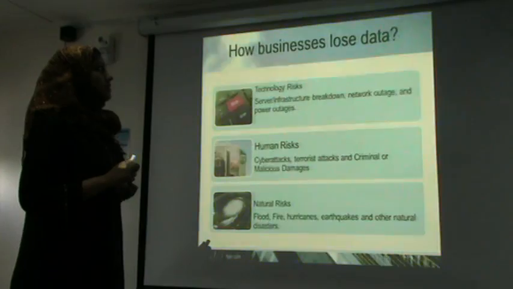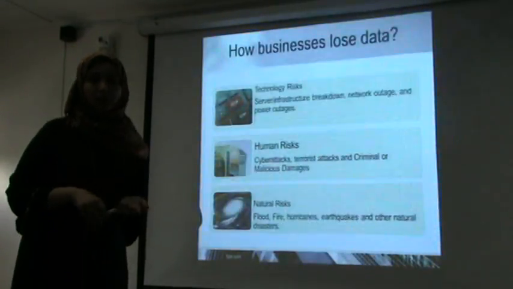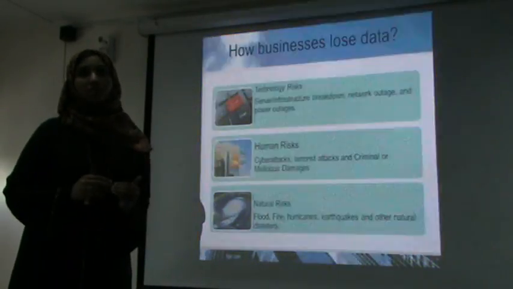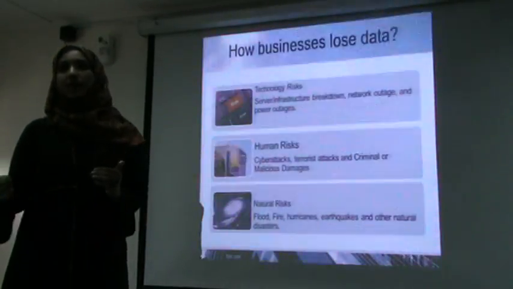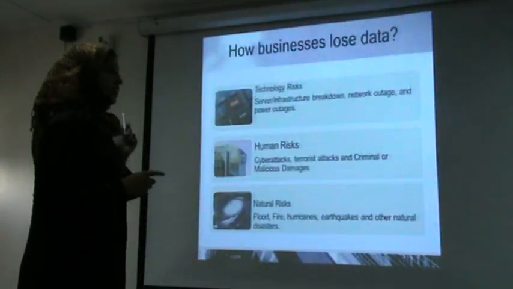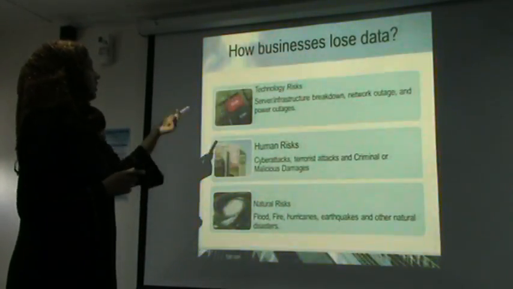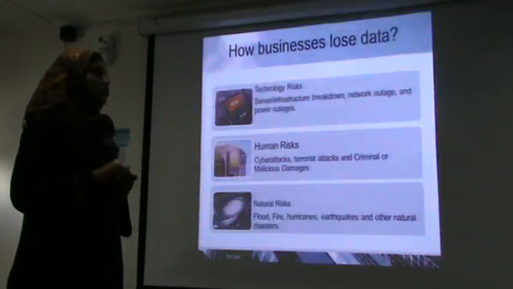Now, how do businesses lose data? This is another concept which we had to discuss. Generally, it's because of risks. If these risks are not mitigated properly, then businesses lose their data. For example, we have technology risks, human risks and natural risks. Technology risks are like network outage, power outage and server infrastructure breakdown.